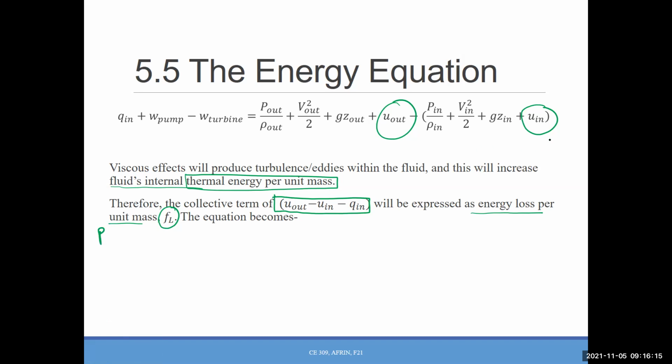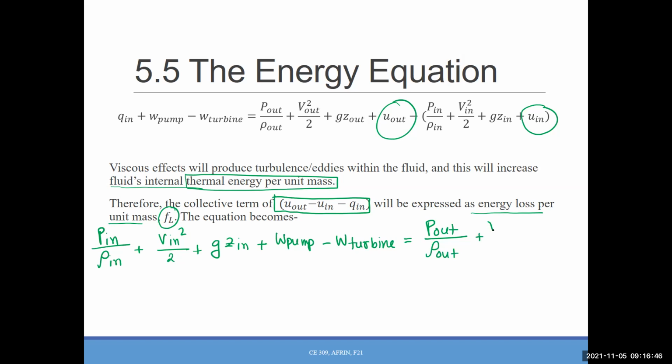I will move all the in terms to the left side. W pump was already there, so I will keep this one here. W turbine was here. I will keep all the out terms on the right side.